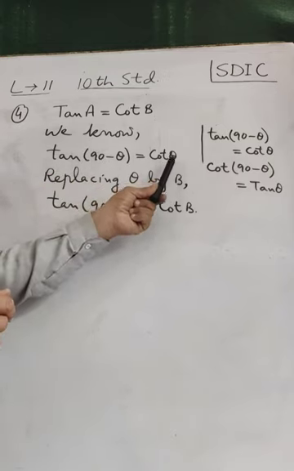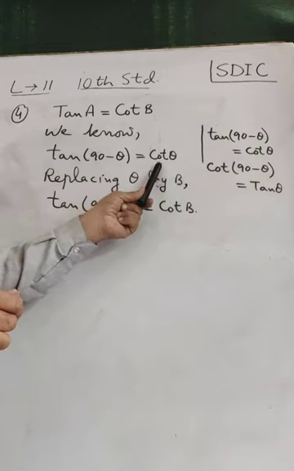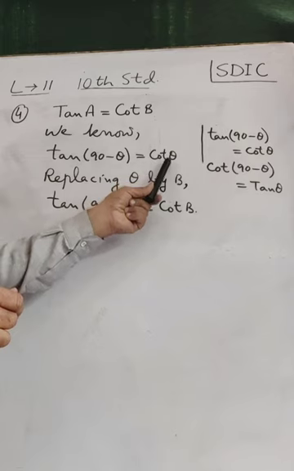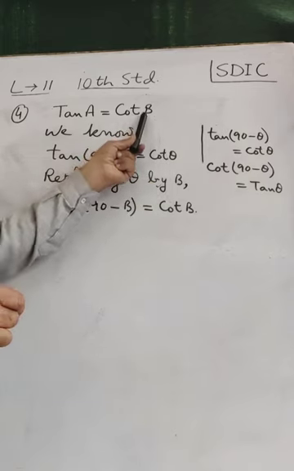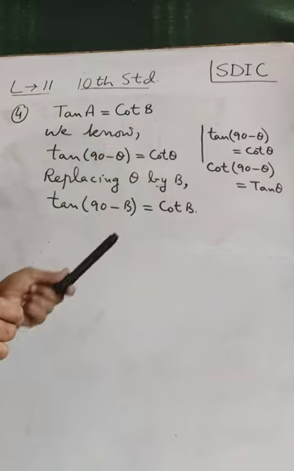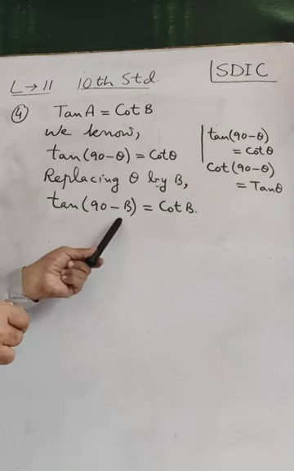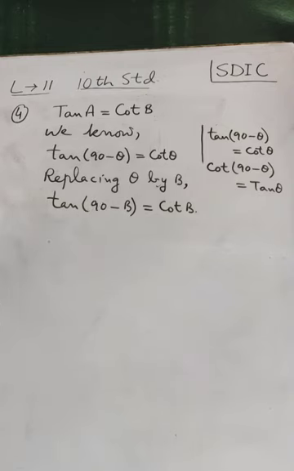This was the monomial angle, and that has trigonometric ratio cot. Therefore, from the given relation, I found the angle with cot. It is B there, here it is theta, so we replace theta by B to get cot B equal to tan 90 minus B. Now use Euclid's axiom as in the previous question.